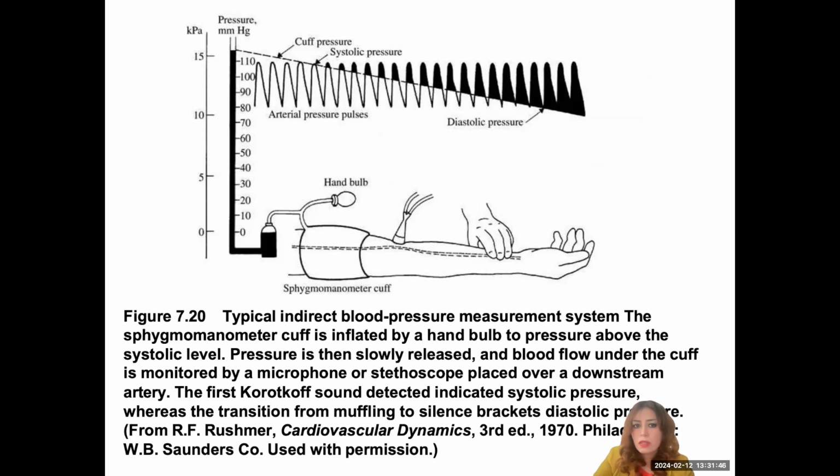The pressure is then slowly released, and blood flow under the cuff is monitored by a microphone or a stethoscope placed over the downstream artery. So the first Korotkoff sound detected indicates systolic pressure, whereas the transition from muffling to silence indicates diastolic pressure. The main logic in the measurement is like that.